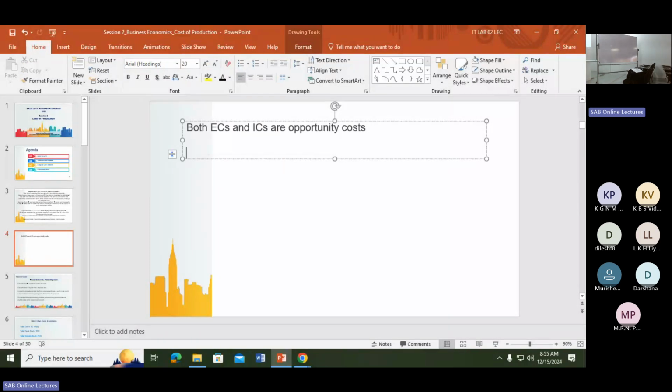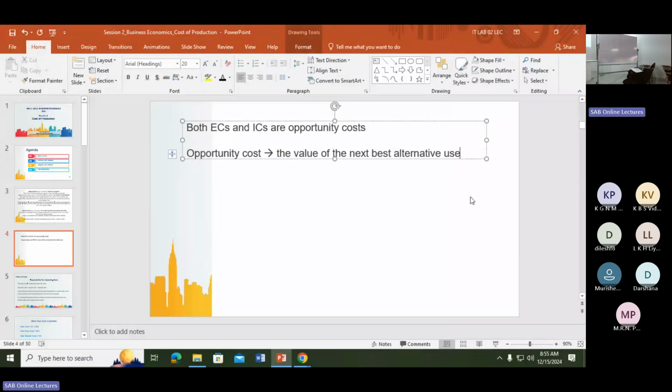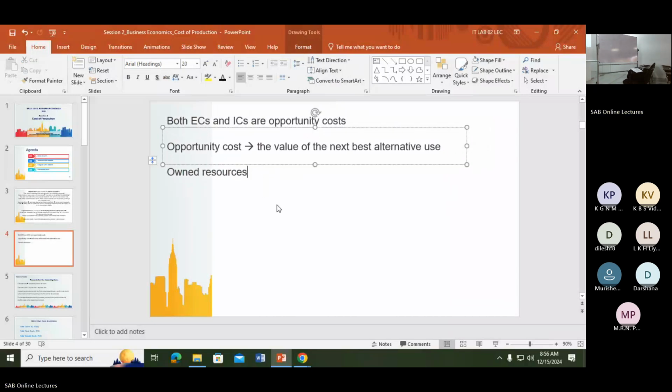What does it mean by opportunity cost? Opportunity cost is the value of the next best alternative use. So in the case of owned resources, we account implicit costs for them.